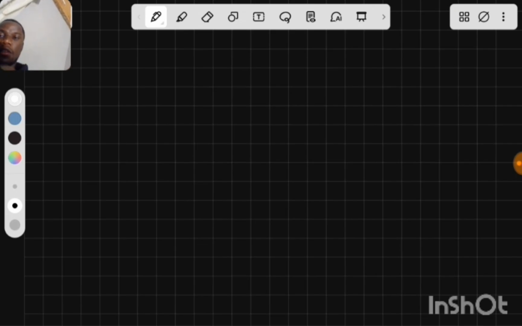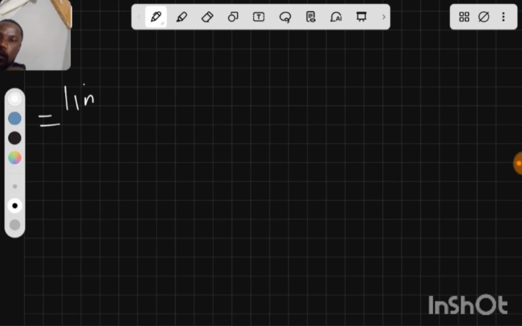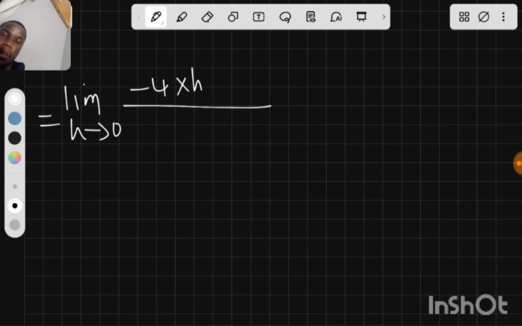Then we will be left with the limit when h approaches 0 of minus 4xh minus 2h squared, divided by h.